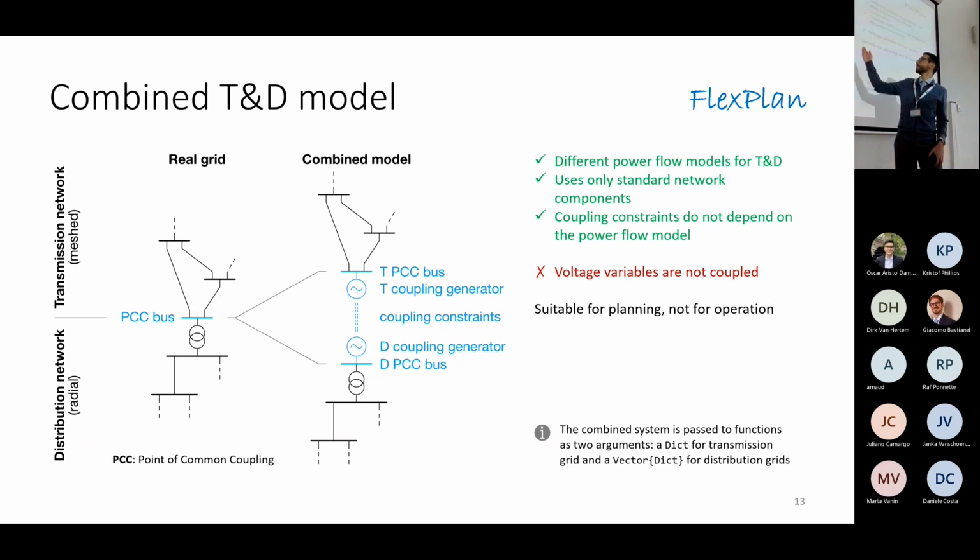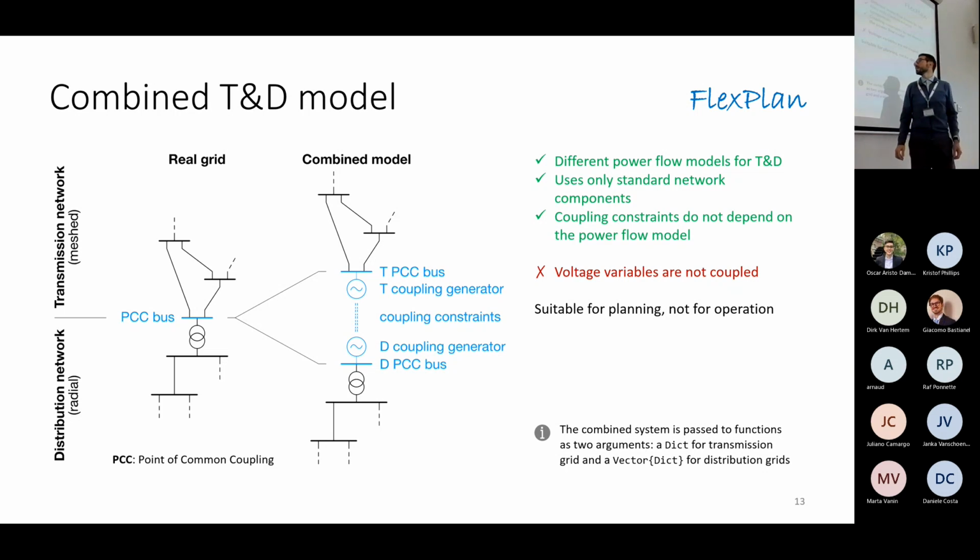And then we add the coupling constraints that establish the power balance, active power balance, of course, and reactive power depending on the support for reactive power that is given by the power flow models chosen for transmission and distribution network.